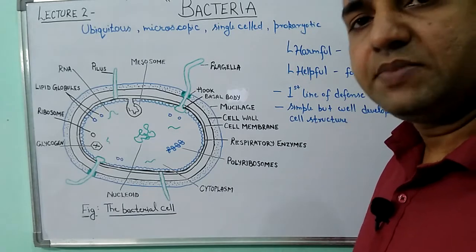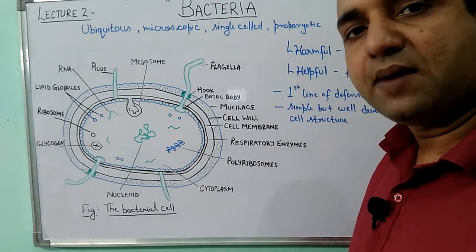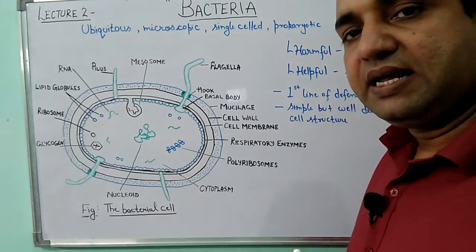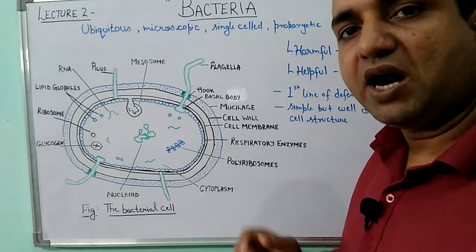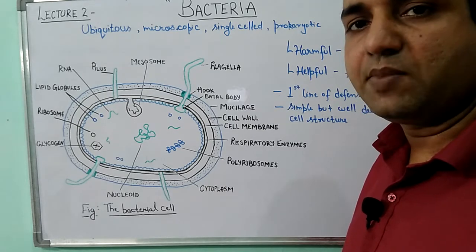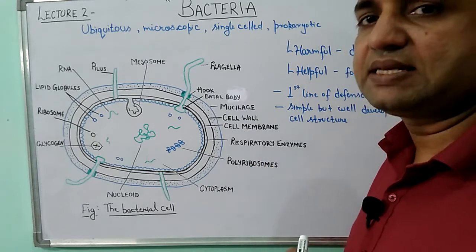On the basis of gram staining techniques, bacterial cell walls have been classified into gram positive and gram negative. If the cell walls retain the crystal violet color, the bacteria are known as gram positive bacteria, and if they retain the pink color, the bacteria are known as gram negative bacteria. The gram positive cell walls have teichoic acids in them.